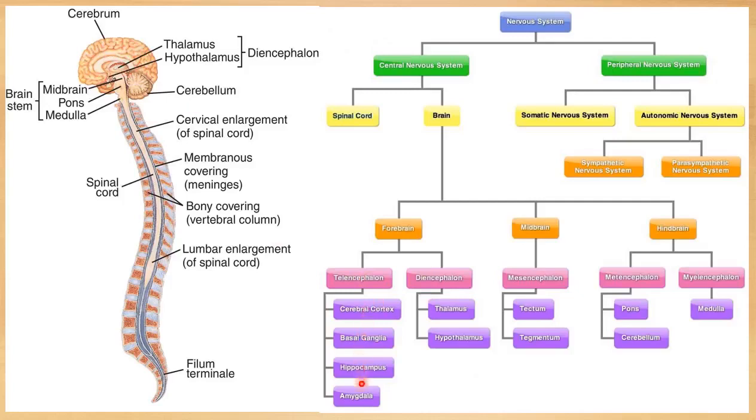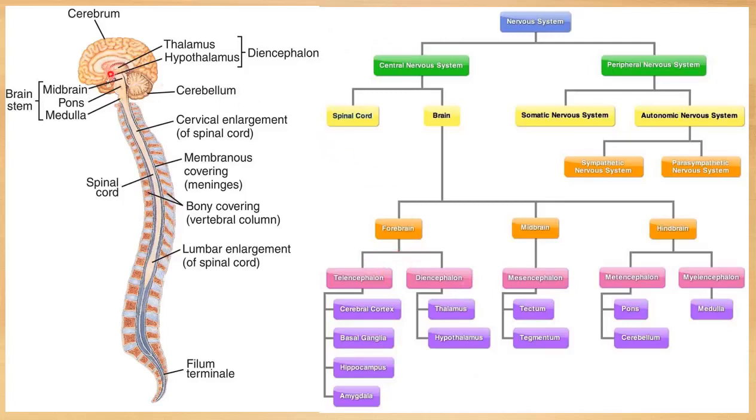Basal ganglia, hippocampus, all these things you need not worry about now, as these are all present deep within the cerebral cortex. Then the forebrain divides into the telencephalon and the diencephalon.